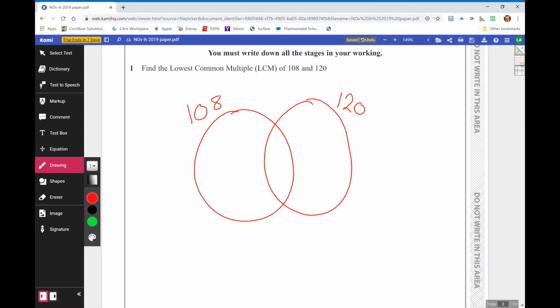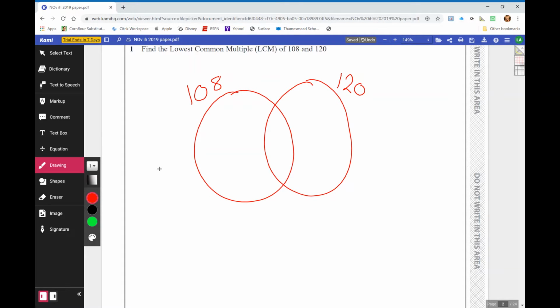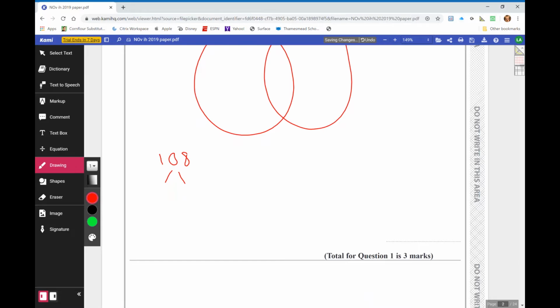So here is my Venn diagram, and I'm going to find 108. I'm going to break it down into the product of its prime factors. So 54 times 2 gets you 108. And then if we separate down 54, 27 and 2, just keep halving until you get to an odd number.